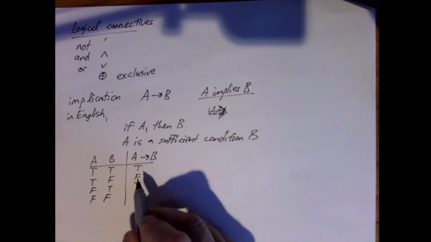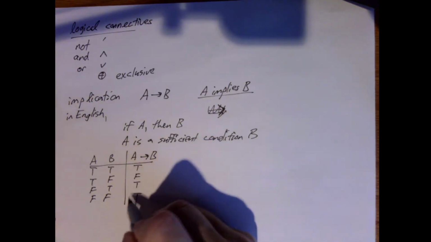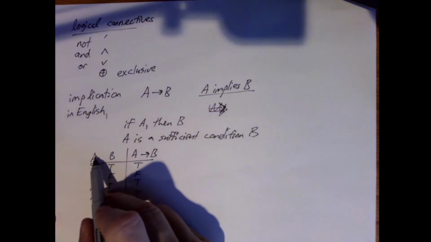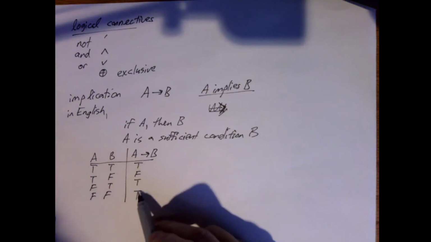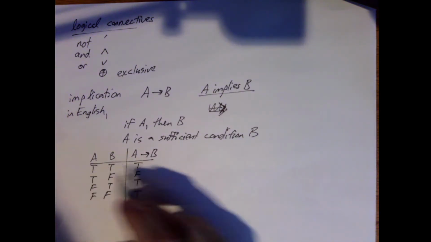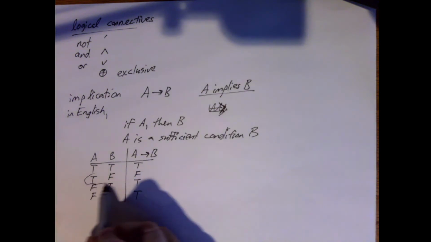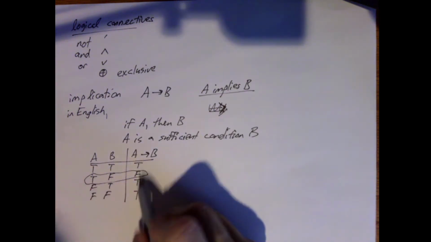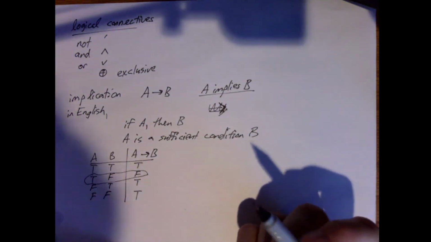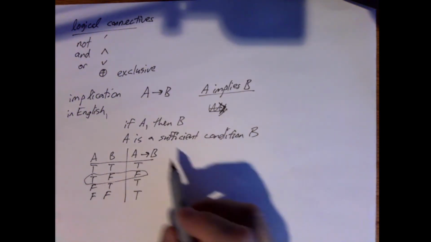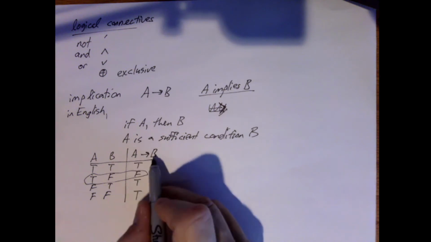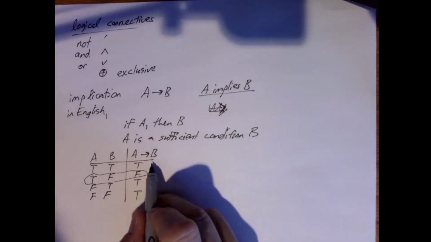But the two that are really going to mess with your head, but it's how they're defined, is that if A is false, it doesn't matter what B is. The statement is considered true. So the way I remember this table is I just remember this one, and then everything else is true.